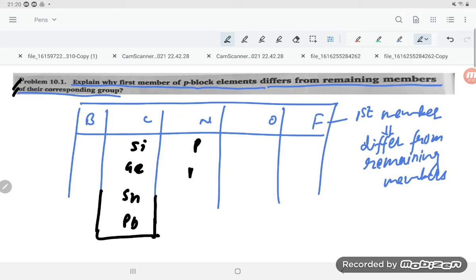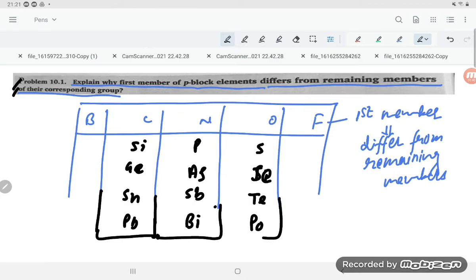Then oxygen, sulfur, selenium, tellurium, polonium, okay.